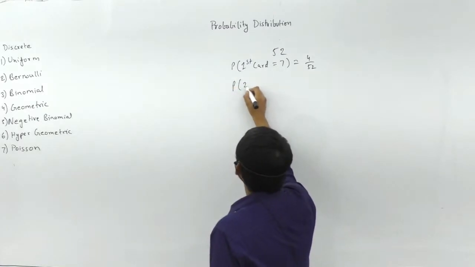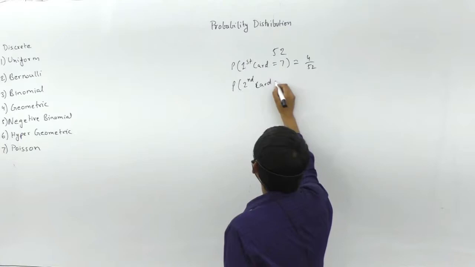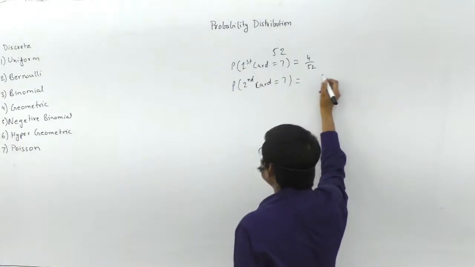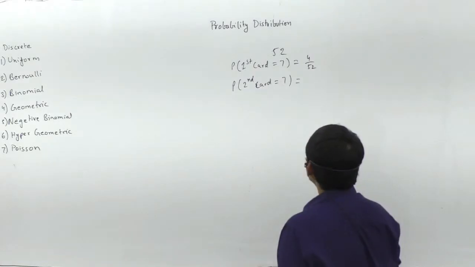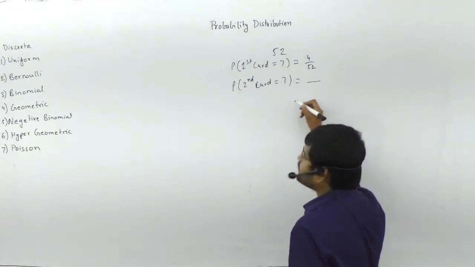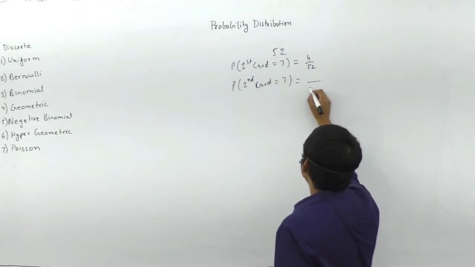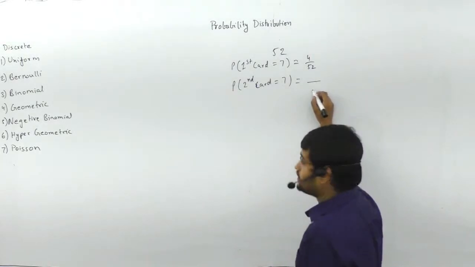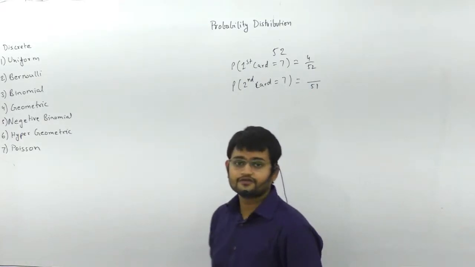But the probability of the second card being a 7 would depend on whether my first card was a 7 or not, because I'll now have only 51 cards.